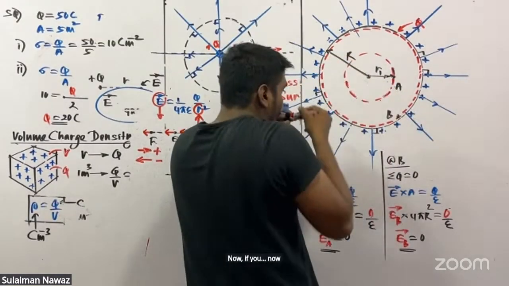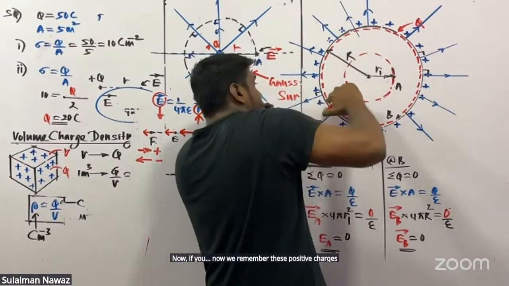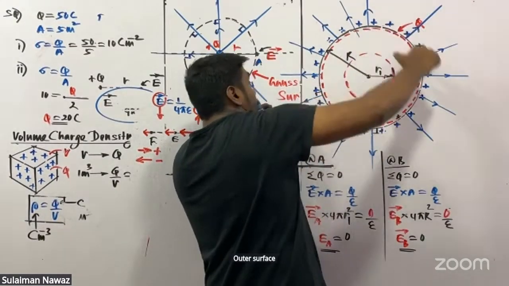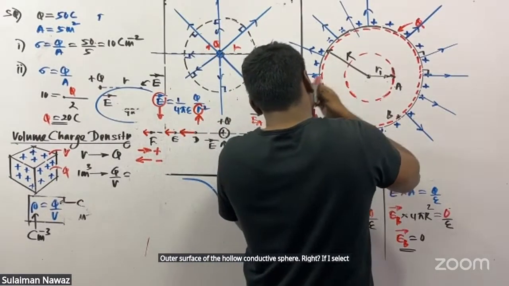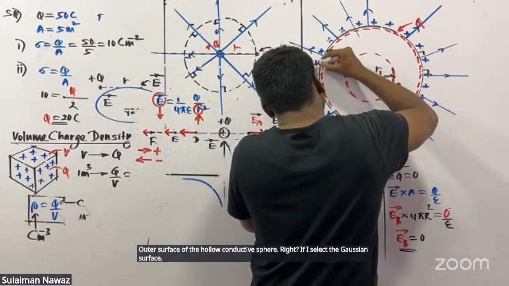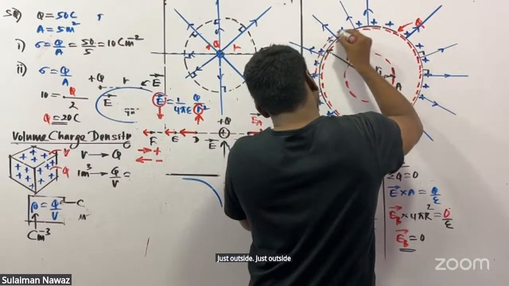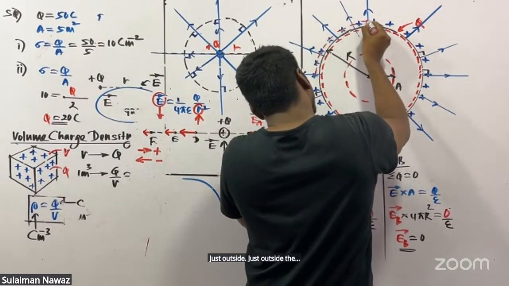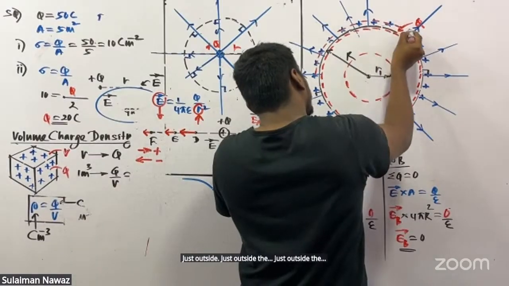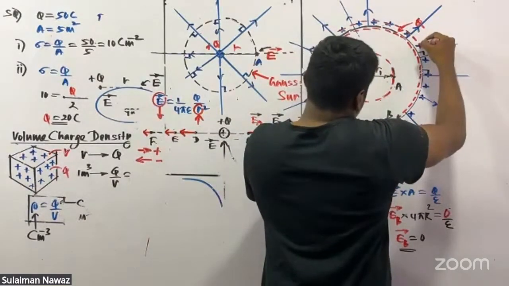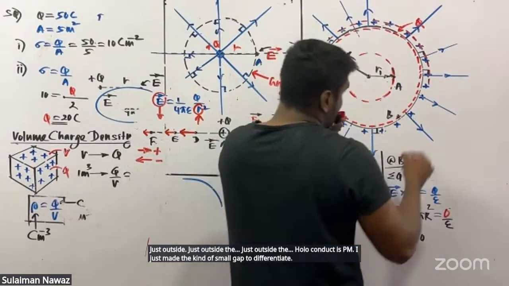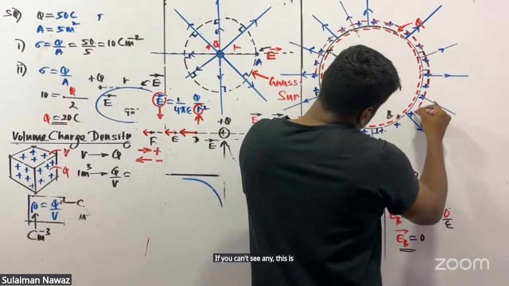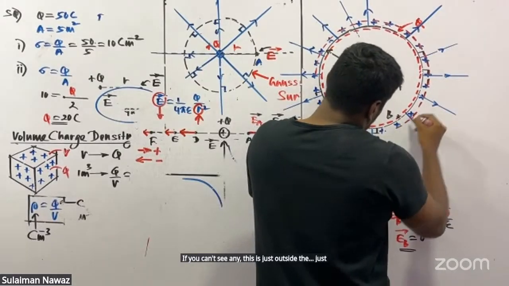We remember these positive charges are on the outer surface of the hollow conductive sphere. If I select a Gaussian surface just outside the hollow conductive sphere, I just made a small gap to differentiate.